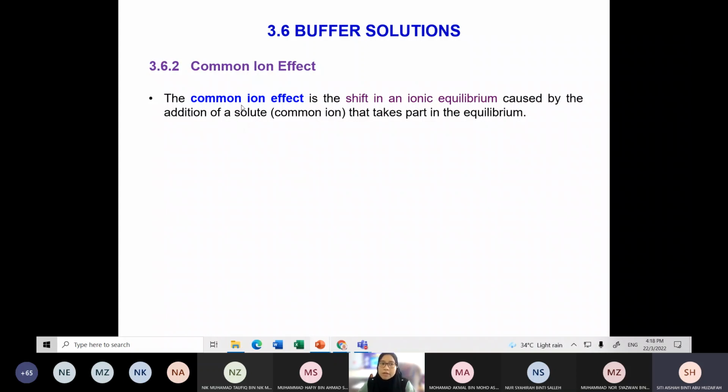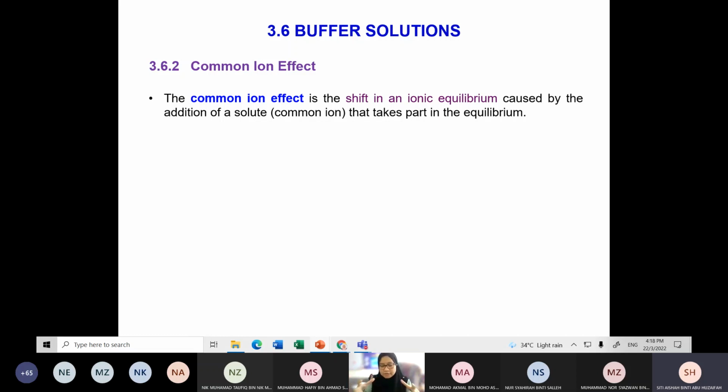Before we can understand the effect of common ion, you should know what is common ion first. Common ion is actually the same ion. We want to know what is the effect if we add in the same ion that we have in the buffer system.